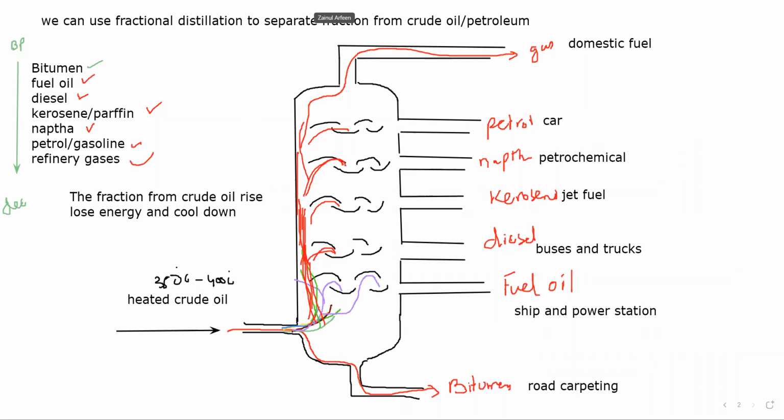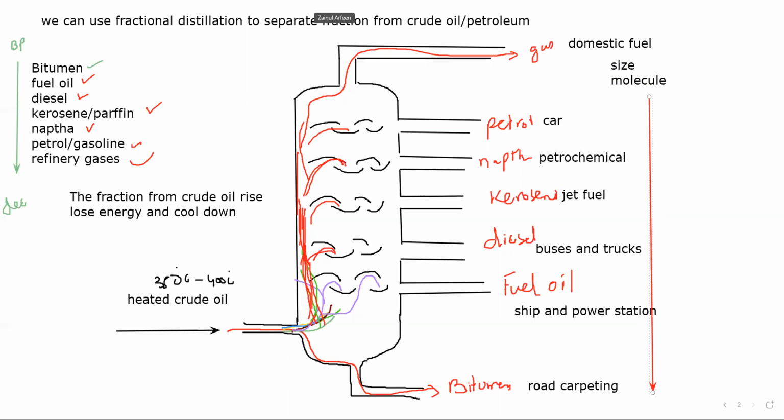When we compare the molecules moving from domestic gas to bitumen, what happened to the size of the molecule? What happened to the size of the molecule as we move from refinery gas to bitumen?